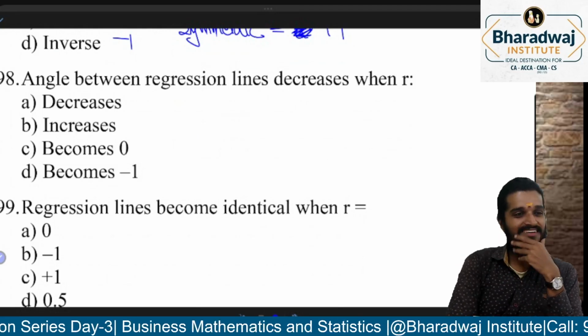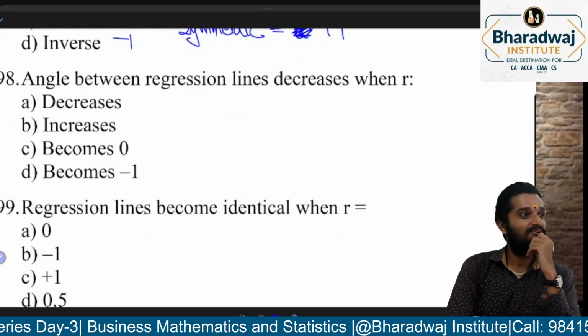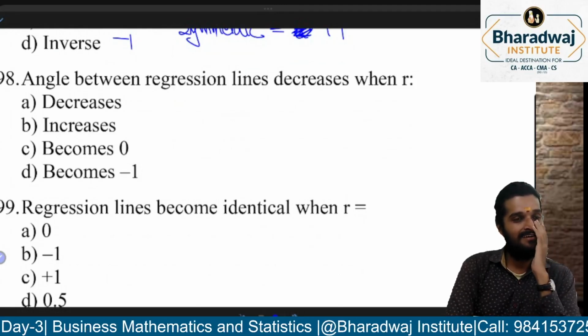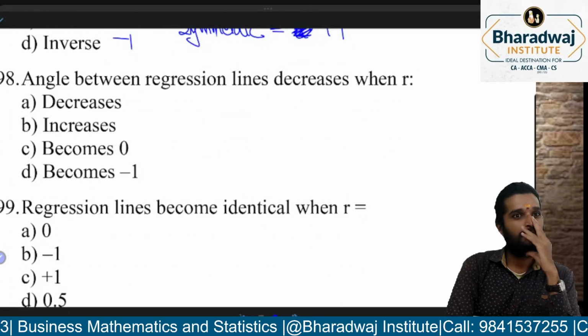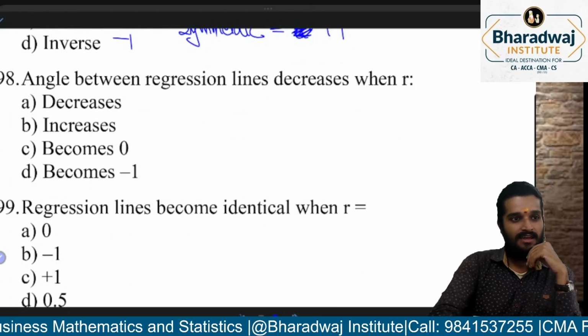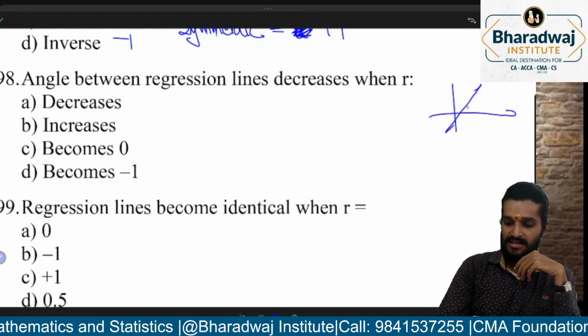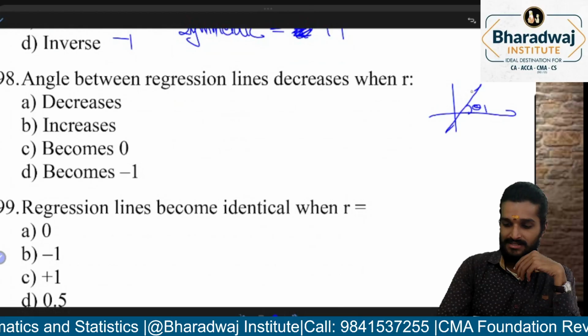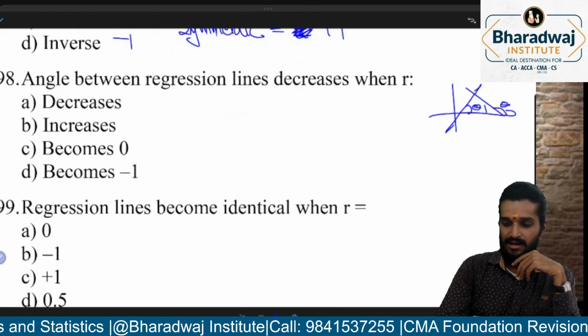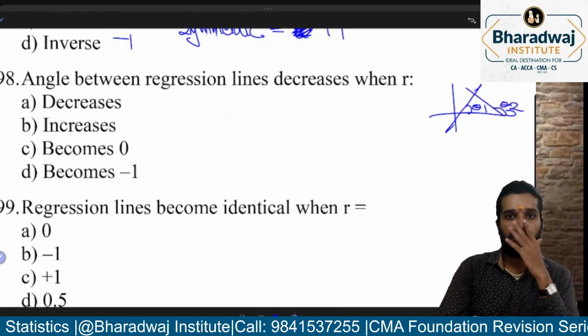It's a nice question. You need to understand how to interpret this question. Let me take the first angle as theta 1 and the second angle as theta 2. Obviously, theta 2 is the bigger one.